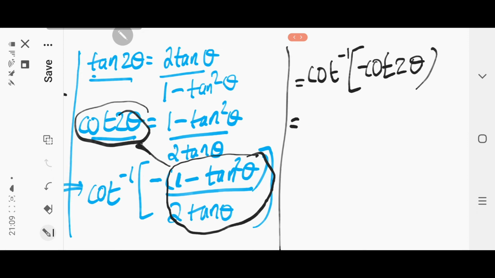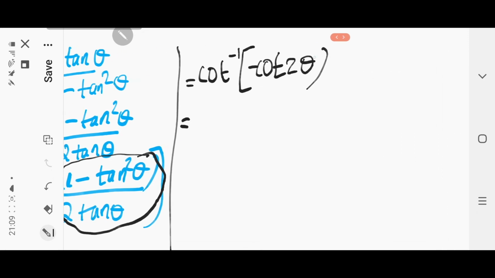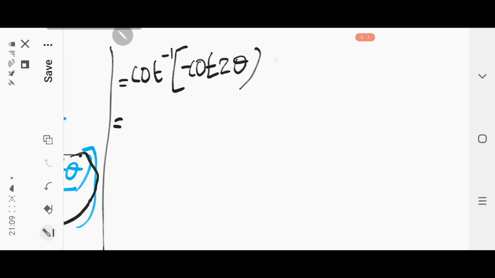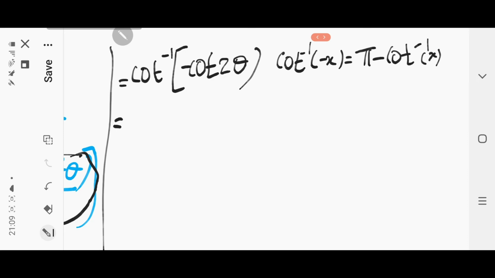What is the answer then? When you studied inverse trigonometry, you have studied this result: cot inverse of minus x is equal to pi minus cot inverse x. You have studied it, right? Yes. Therefore, cot inverse of minus cot 2 theta can be written as pi minus cot inverse of cot 2 theta.